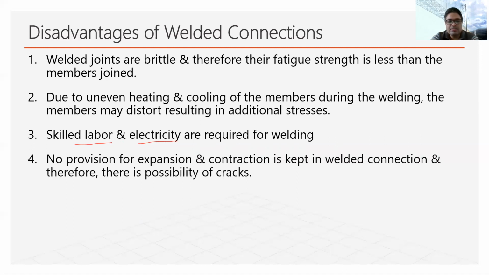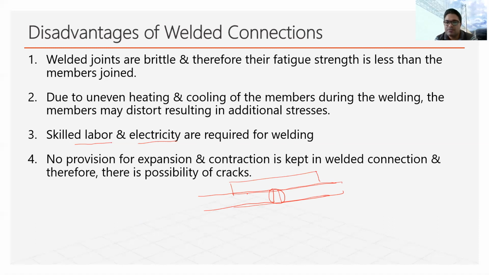Similarly, the next disadvantage is that no provision for expansion and contraction is kept in welded connections, and therefore there is a possibility of cracks. We have seen in bolted connections, for example if we are using a butt joint with another plate like this, we can have a provision of a gap.